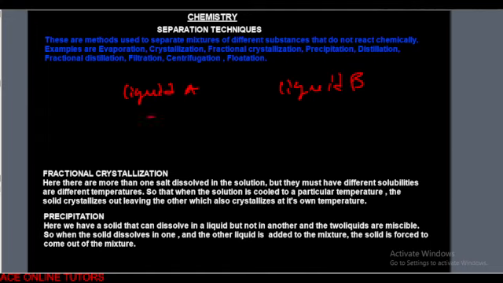Now you have a solute, which is a solid that can dissolve in one of the liquids but cannot dissolve in the other one. I hope you get what I'm saying.